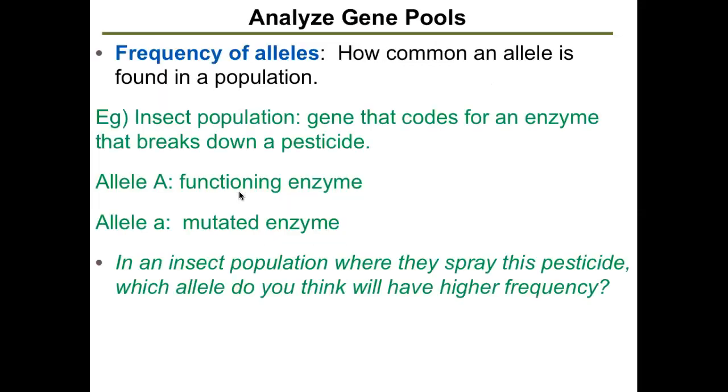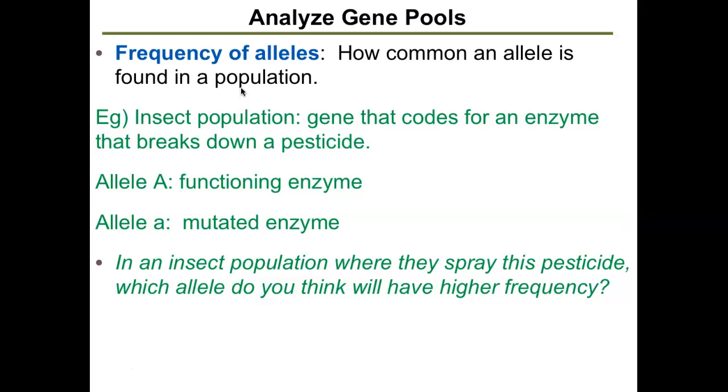Okay, so let's analyze gene pools. When you analyze gene pools, you look at allele frequency: how common an allele is in a population. I know this is not true to life, but let's think about blonde hair versus brown hair, and the gene pools of Swedish people and the gene pools of people in China.